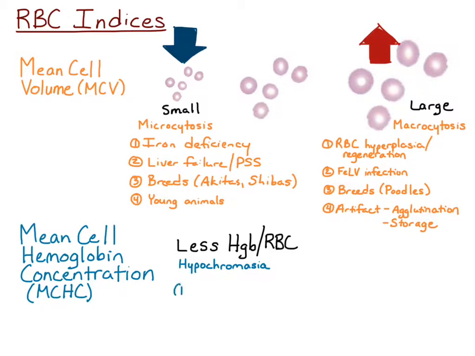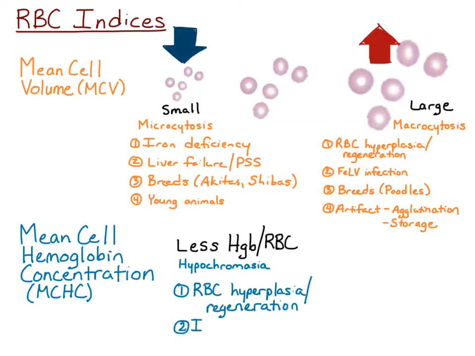We see this most commonly with red blood cell hyperplasia or regeneration, and that's because those younger red cells, the polychromatophils and the reticulocytes, have less hemoglobin content per cell, because they're actually still making hemoglobin when they're that young. So they just haven't made as much hemoglobin as they're going to in their adult or mature forms.